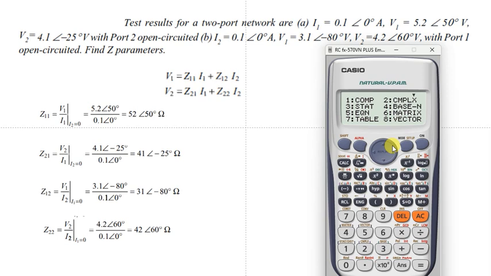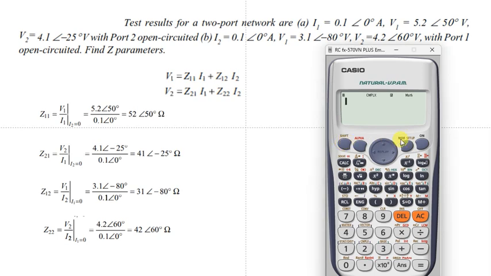It should be in degree mode. Already D is there. Sometimes if R is displaying, that means you are in radian. So remember, whenever you are doing degree angles, it should be in degree.